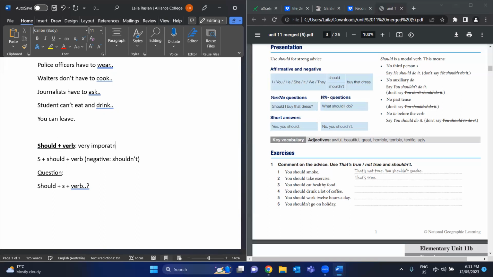When we give advice, we use it for advice. For strong advice, though. It's not just advice, because you could give advice by saying, I think this book is really good for you. But it's strong advice. You should read this book. A recommendation, yeah, when we recommend something.